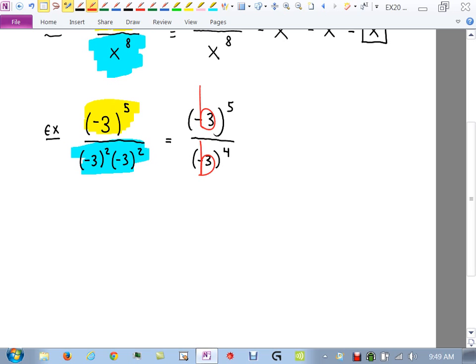So I subtract the exponents. So this will be negative 3 to the 1. And anything to the 1 is itself, right? So that's just negative 3. Kind of get the idea here?